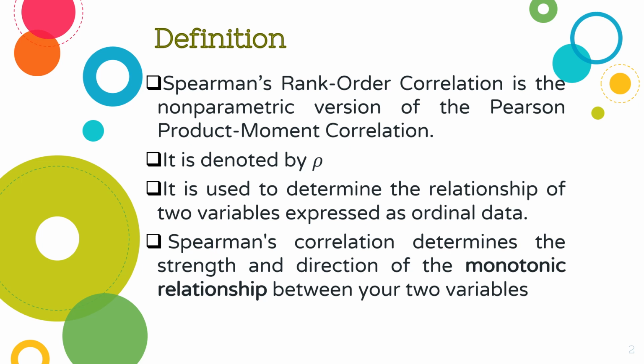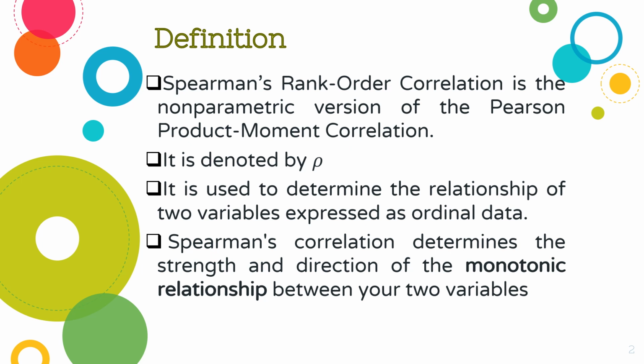Unlike sa Pearson product moment correlation class, it determines the strength and direction of the linear relationship between two variables, but for the Spearman, it determines the strength and direction of the monotonic. Okay?